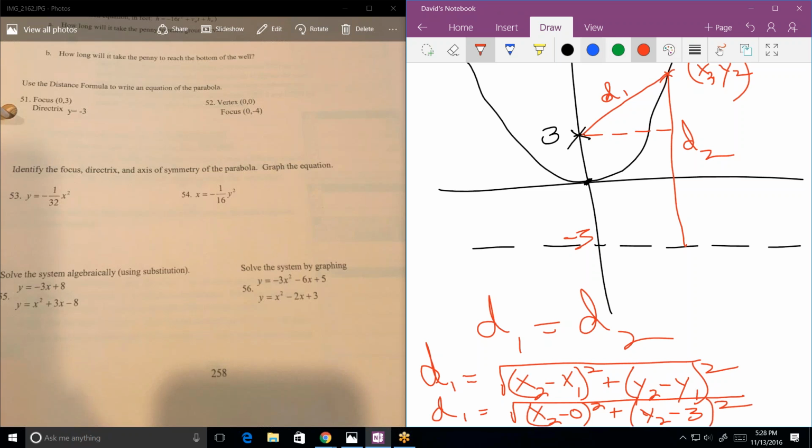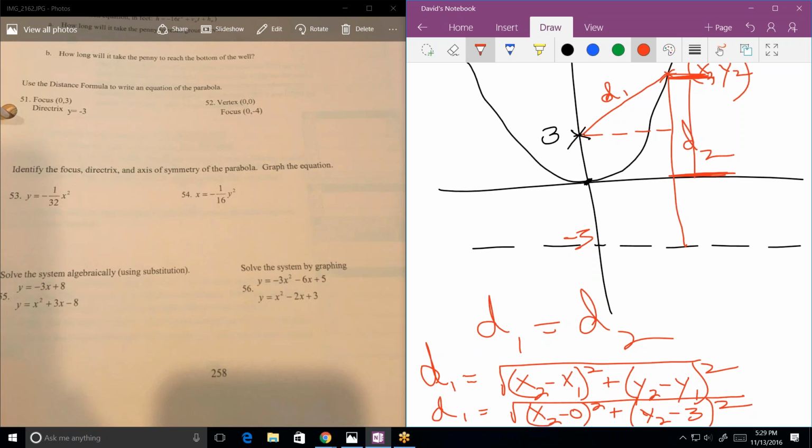What's D2? First of all, tell me what this distance right here is, from there to there. It's not 3, it's y. 3 is way down here; we're up here, so I've just called it x comma y.